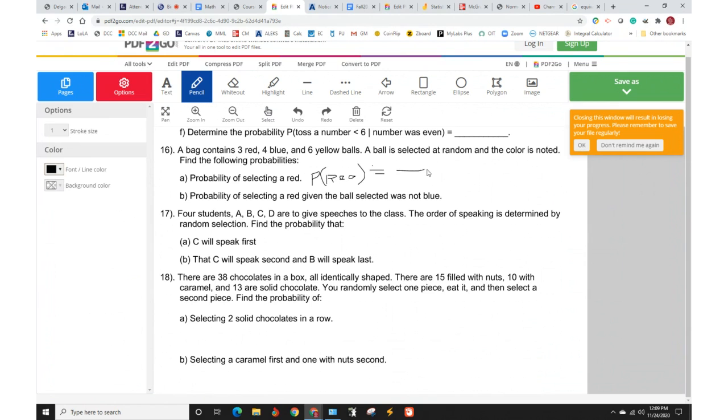So that's 3 plus 4 plus 6, 13. And then how many of them are red? 3 out of 13. The probability of selecting a red given the ball selected was not blue. So, not blue, there's only going to be 9 of those.